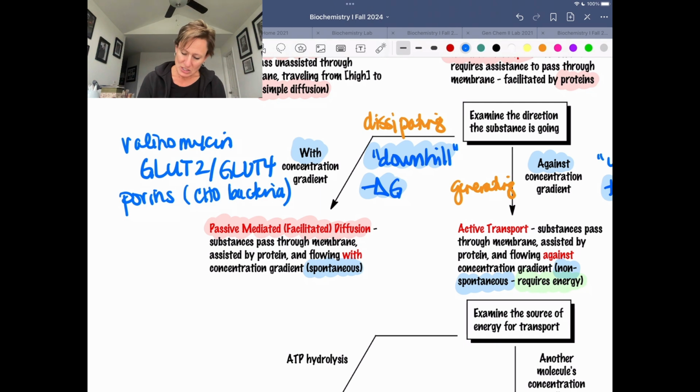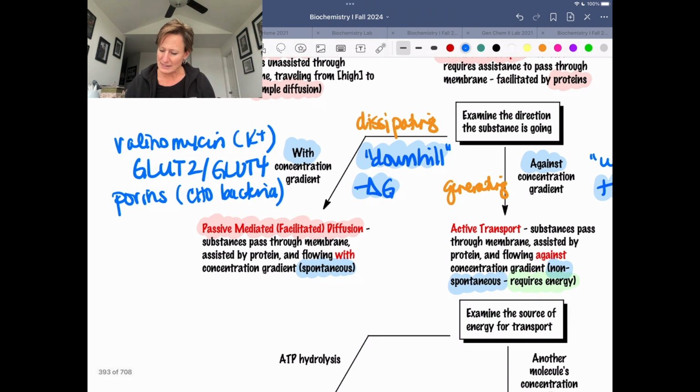Actually, that's the only three we're going to be talking about that are going to be passive mediated in this way. So valinomycin, GLUT2 and GLUT4 receptors, and then porins, which are responsible for glucose transport in bacteria. I want to highlight that really valinomycin is all about transporting potassium.